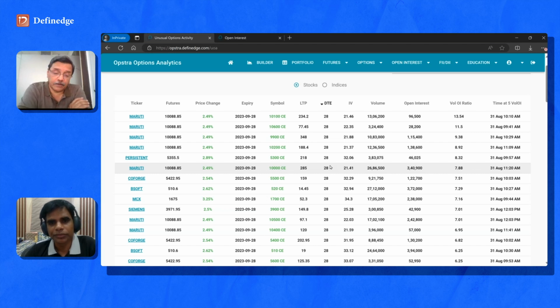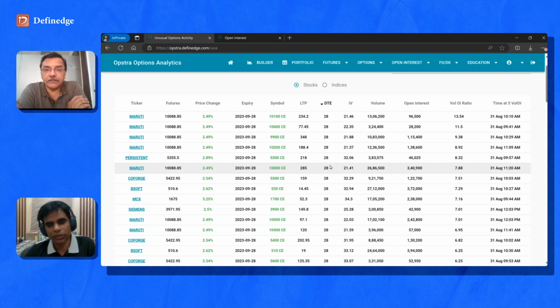In fact, I have another idea. Of course, since this is quite new, even I have not observed it that much. But since Maruti has shown this kind of activity, how it can be used in future, even for a positional trade, will be a good way to track it. For example, even the 10,100 and 10,200 calls have shown unusual activity for September.